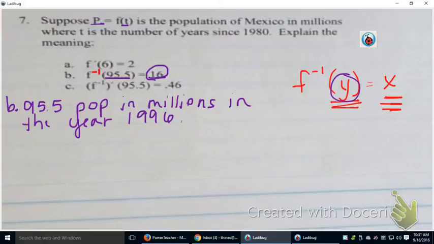Now, here's the really important part. C has an inverse and a prime. So we're saying we're talking about its inverse and then we're talking about a rate. Okay? Whatever's inside of parentheses is still y. So 95.5 is still the population.